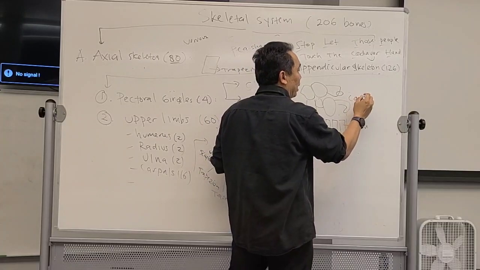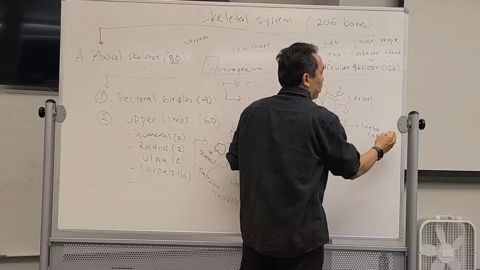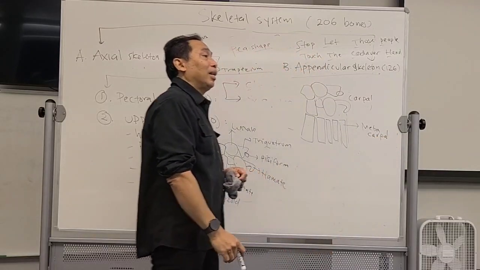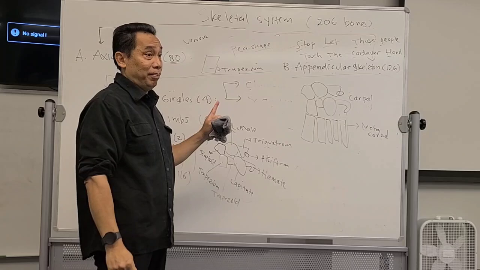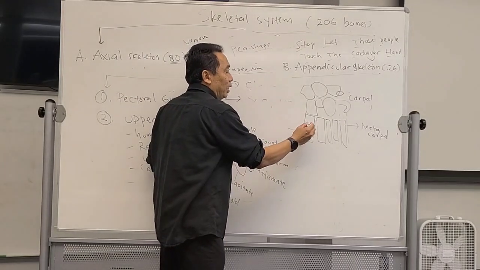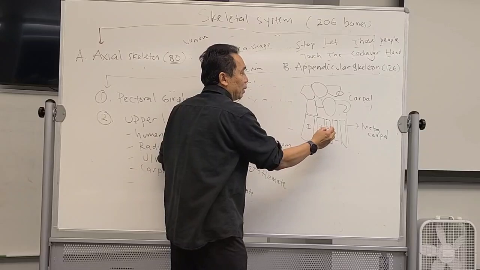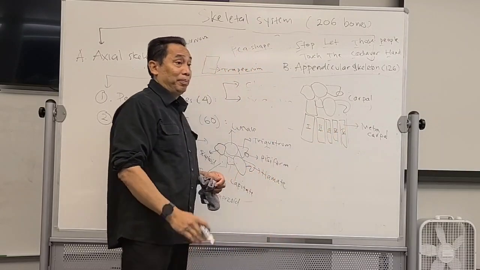This is carpal. Then it's gonna be metacarpal. Right? How many bones? 5. This one is easy to name. The one that's on the thumb side is gonna be metacarpal 1, metacarpal 2, metacarpal 3, metacarpal 4, and metacarpal 5. Get it?